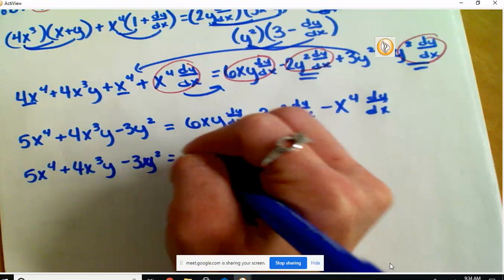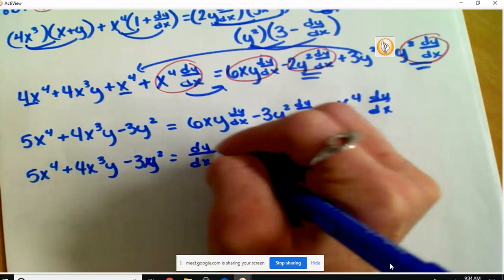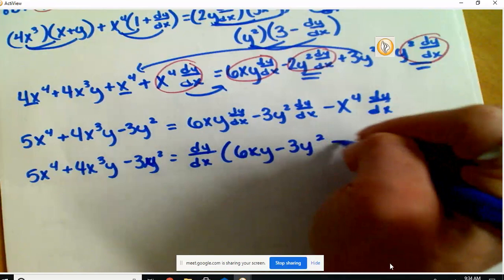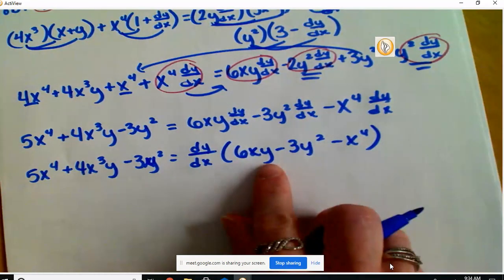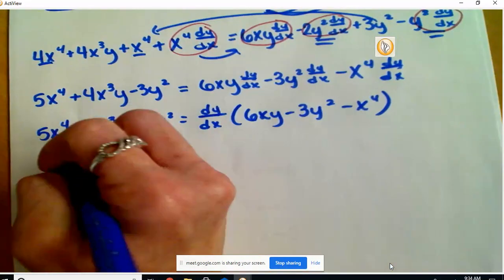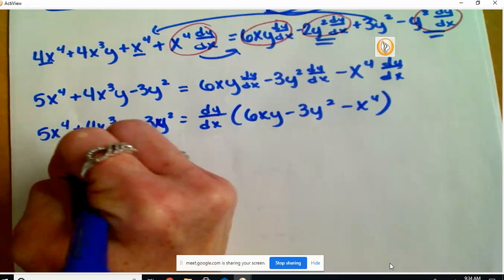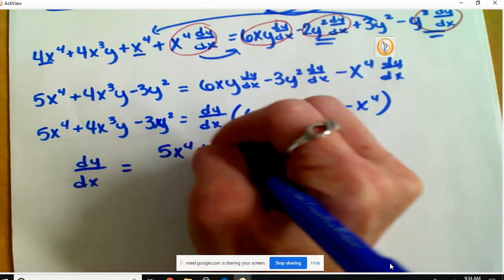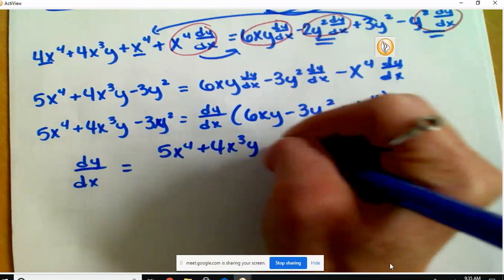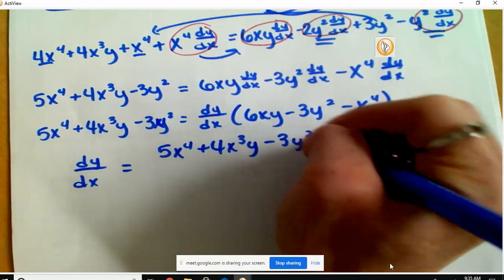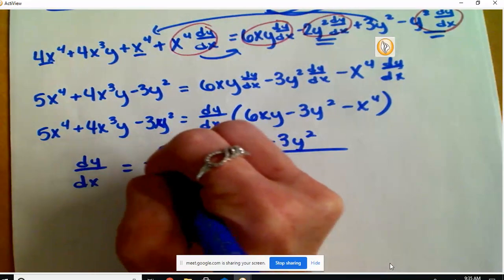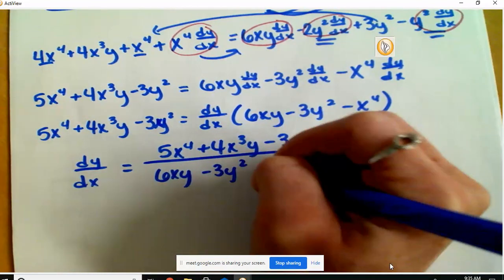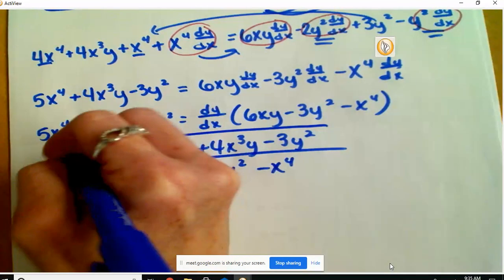Okay, if we pull out that dy/dx, then it's multiplied with this thing, so we can divide it over. So dy/dx is 5x to the fourth plus 4x cubed y minus 3y squared over 6xy minus 3y squared minus x to the fourth.